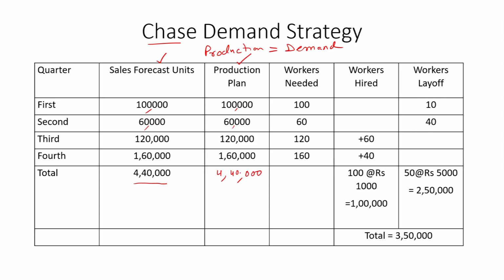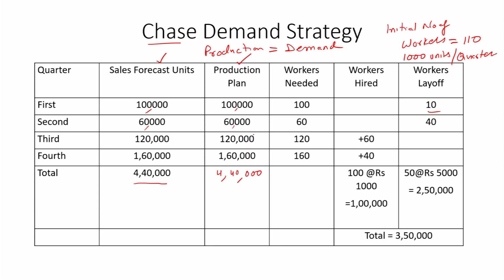Now, if you recollect, our initial number of workers is 110, and each worker has a capacity to produce 1000 units per quarter. So, I need 100 workers only to produce 100,000 units. So, I have to lay off 10 workers.